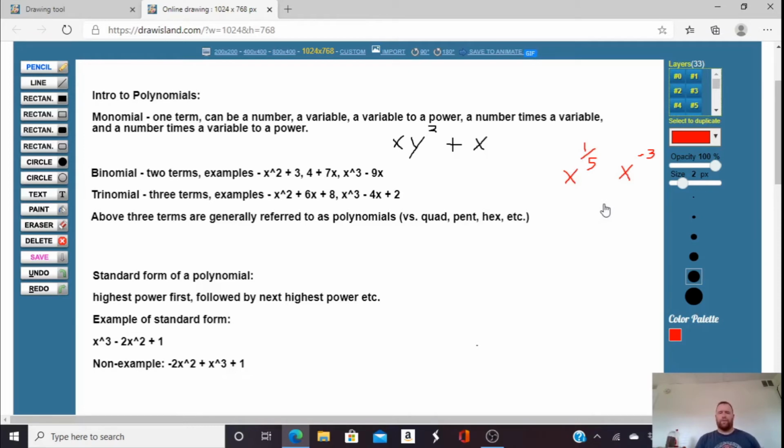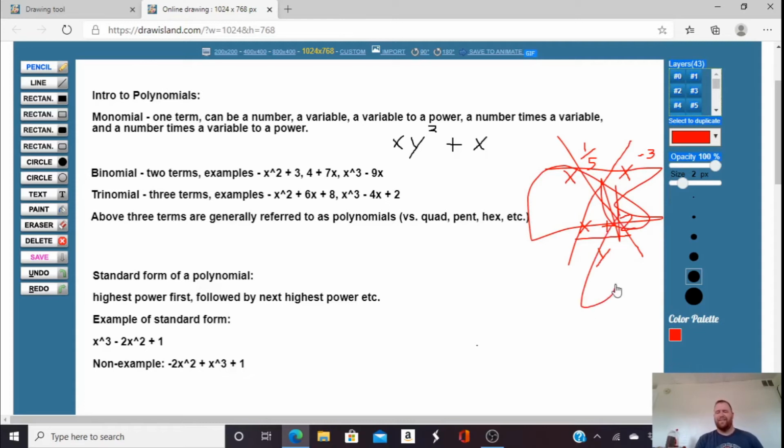Keep in mind with multiple terms, you can't have division also. So let's say x plus 2 divided by y is not a polynomial. Okay, so these are non-examples. Those are not polynomials. Kind of made a mess there.